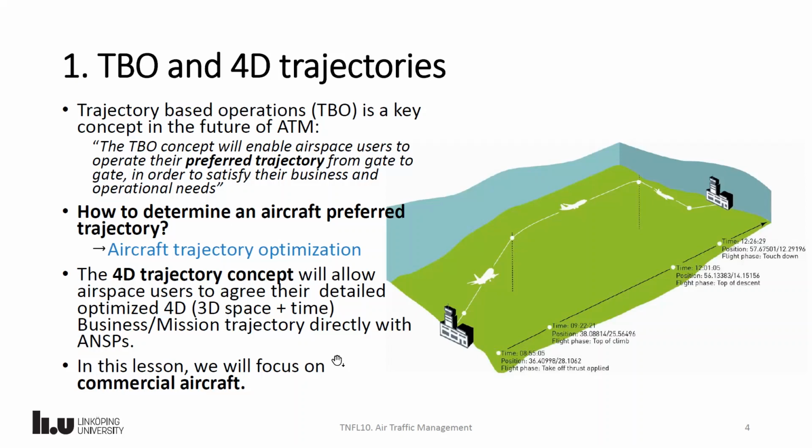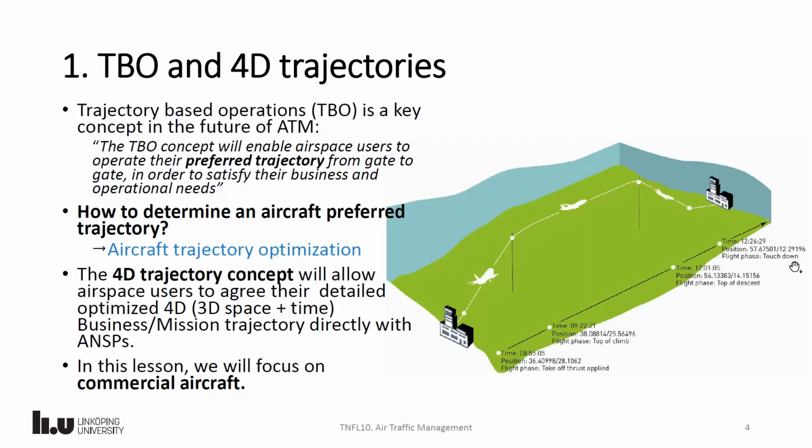So in the 4-dimensional trajectory concept, the trajectory of the airplane is going to be given by a detailed optimized trajectory, which means you are going to have points in 3-dimensional space, plus time. And this is going to be shared with air navigation service providers, which are responsible for allowing you to follow your preferred trajectory.